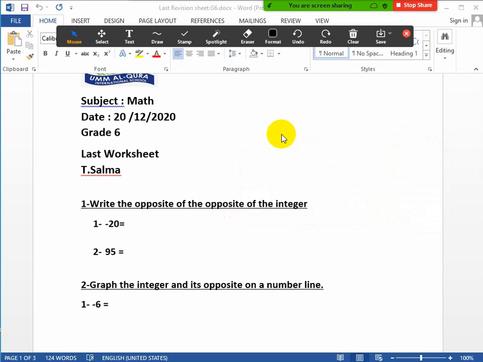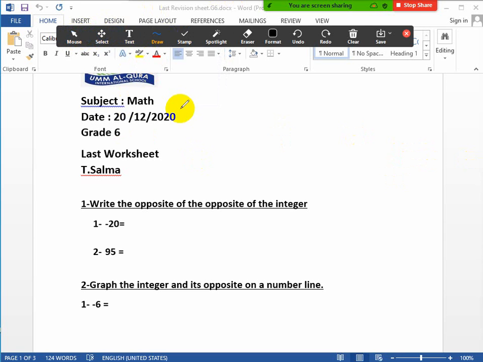Thank you, girls. Now, girls, we are talking about all the lessons that we will study for the math exam. If you want to tell me anything, use the chat box, please. Let's start with our worksheet, our final revision today, the final one.